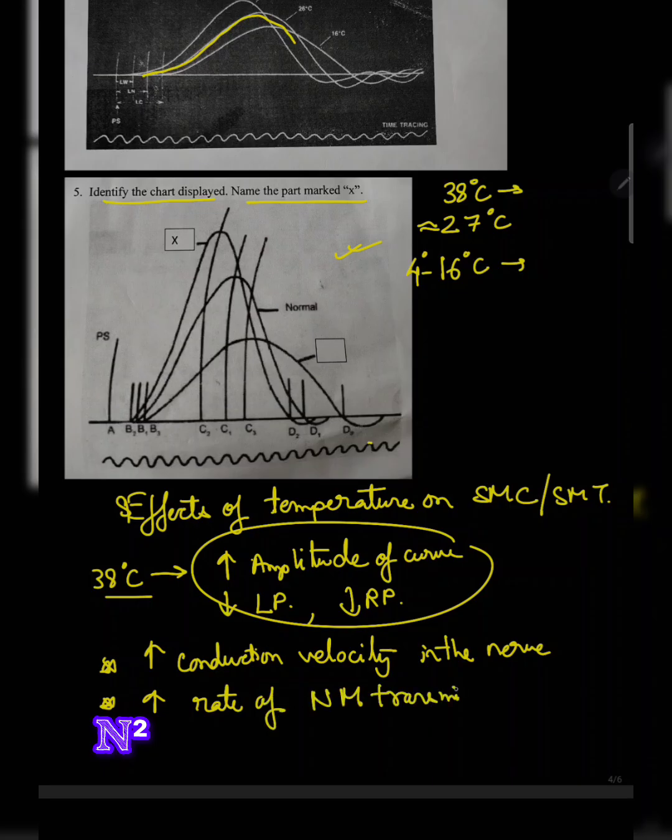That means the transmission between the nerve and the muscles, at the neuromuscular junction, the chemicals will be secreted in a much easier way, or the viscosity decreases, so there will be increased transmission. Also, the inertia of the lever is overcome faster at a higher temperature.